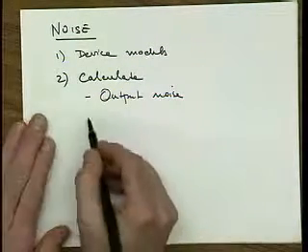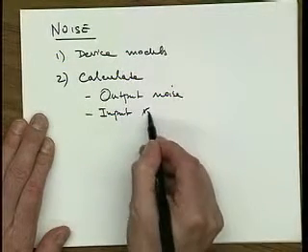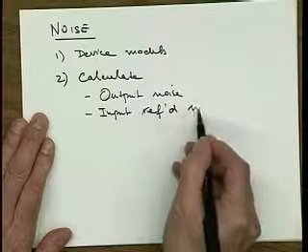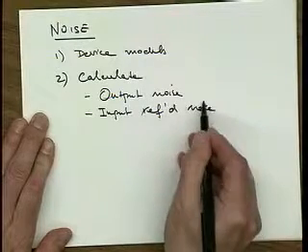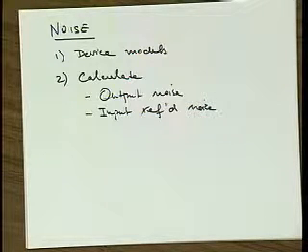Then we looked at input referred noise. And that's really sort of a variation on the theme. Instead of saying how much noise comes out of the circuit, we model the noise of our entire circuit by how much noise we have to stick into the input of a noiseless but otherwise equivalent circuit so that at the output we get the same thing.